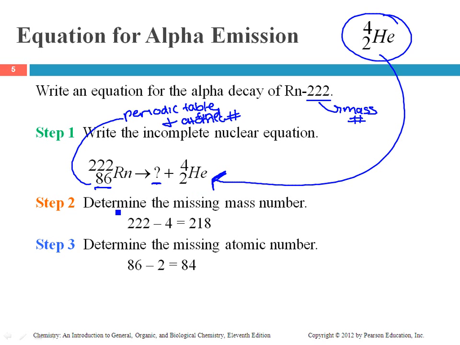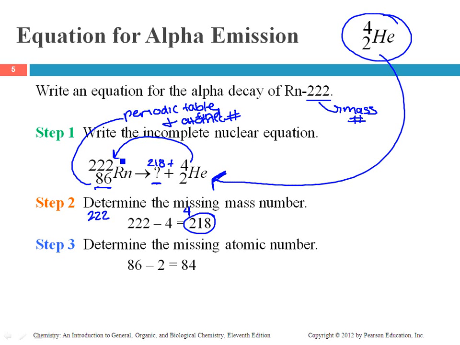So in order for our product side to balance with our reactant side, we're going to have 218 as our mass number, because 218 plus 4 gives us 222. So be sure you don't do it backwards. Be sure you don't try to add 4.